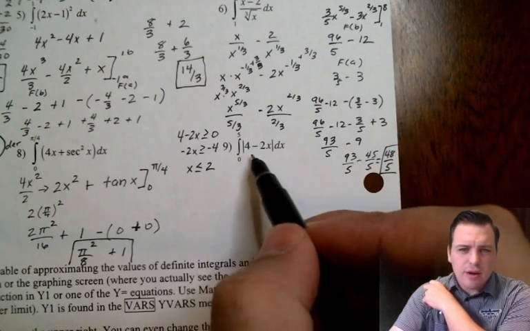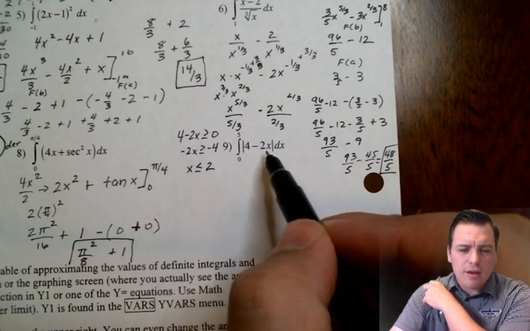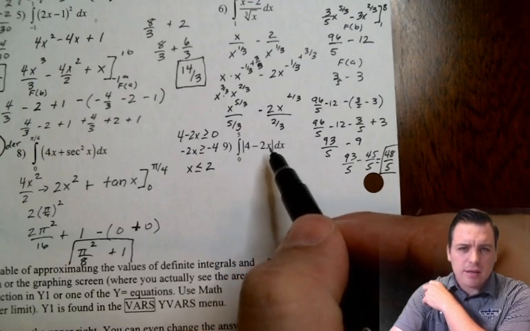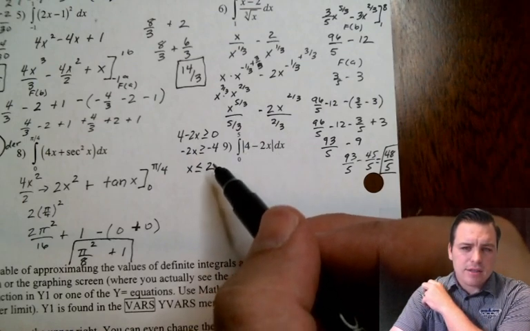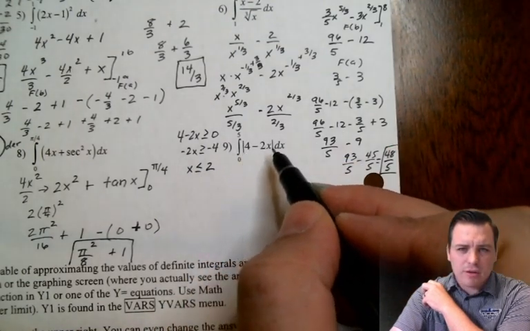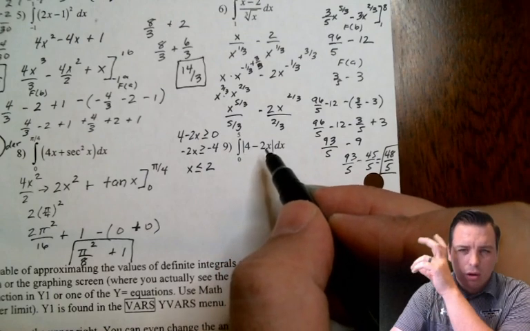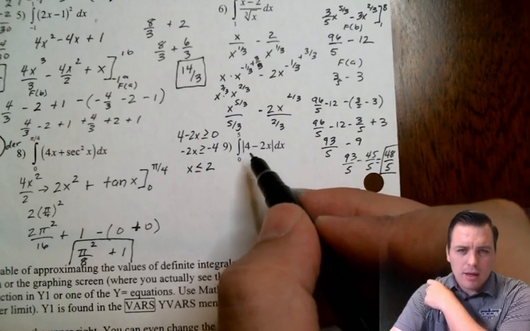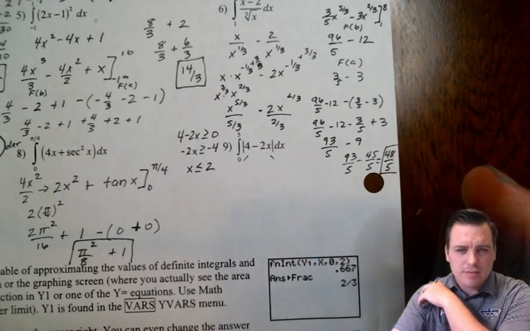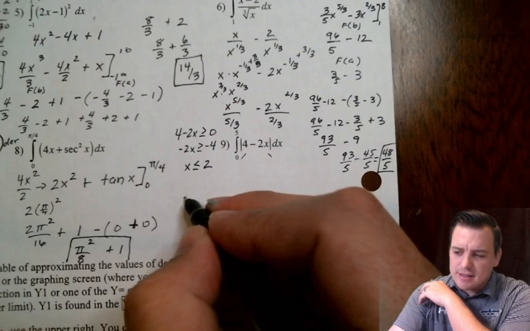So this function, 4 minus 2x, is going to work when x is less than 2. So from 0 to 2, it's going to be represented by this graph, or by this quote-unquote line. And this happens because absolute value can be split into two different basically functions. So I can rewrite that as this.